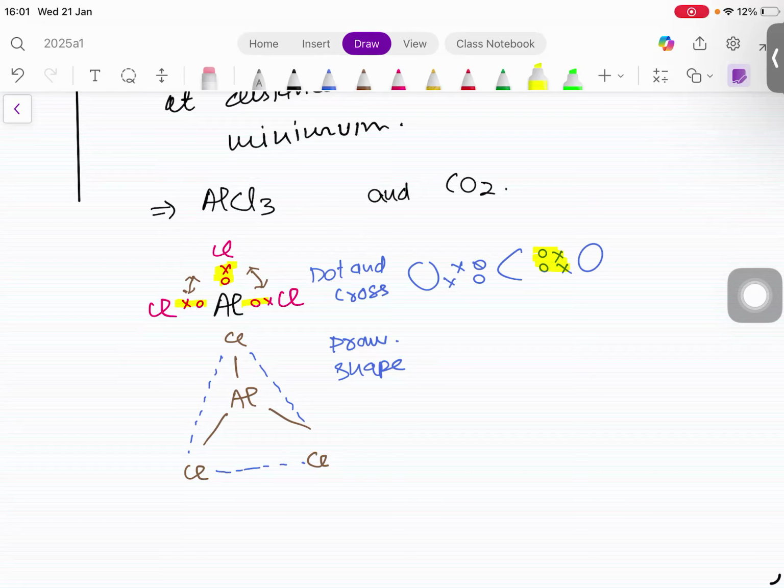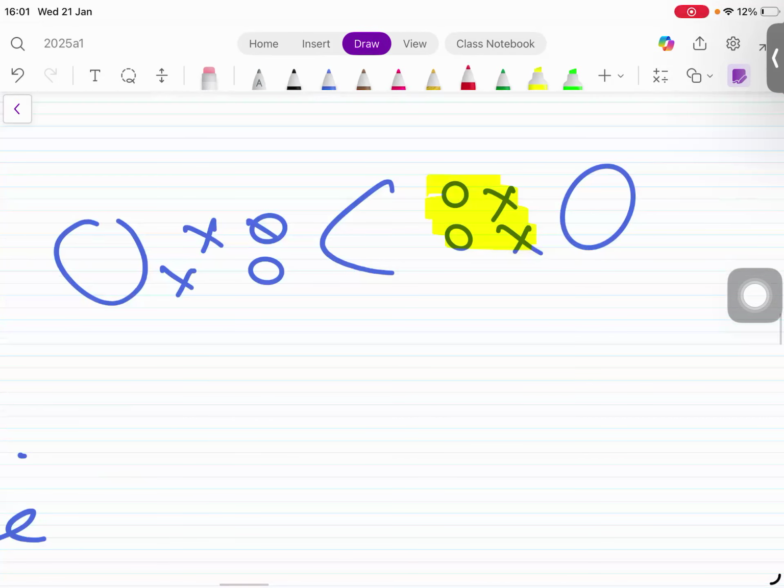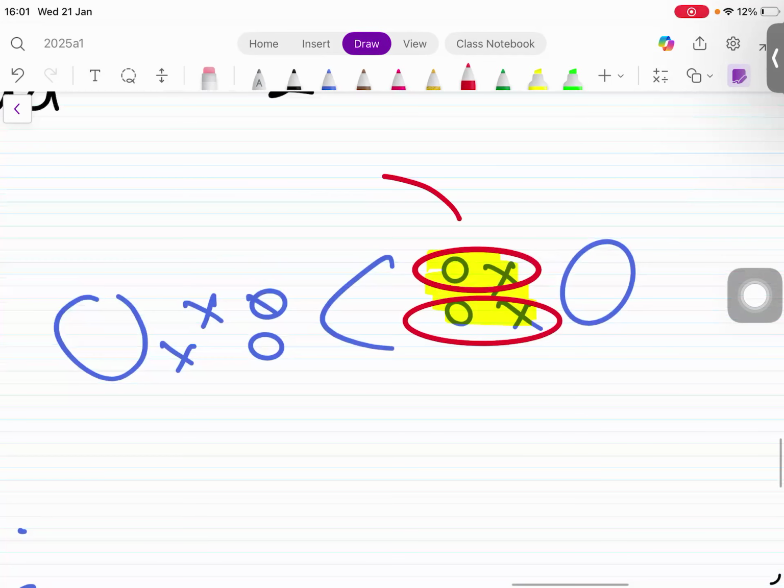In VSEPR theory, although these are the two bond pairs, there's no doubt here. But once you are predicting the shapes, as the electron clouds repel each other, this cloud is going to repel this cloud. That's why once you are looking into the shapes, then you have to take a double bond, triple bond, or a dative covalent bond as one bond pair, just for this theory.